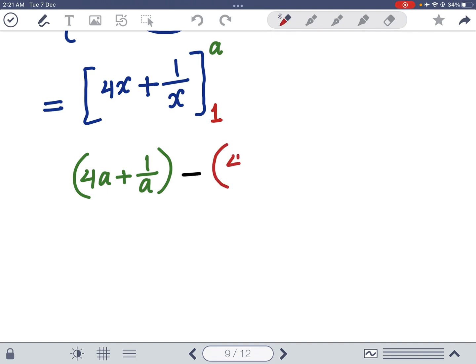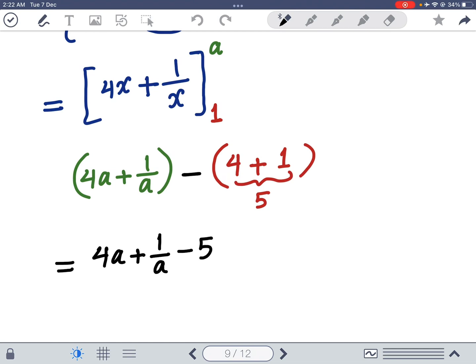So 4 times 1 is 4, plus 1 over 1 is 1, and so the inside is 5. The entire thing is 4a plus 1 over a minus 5.